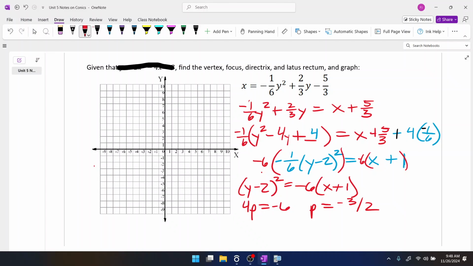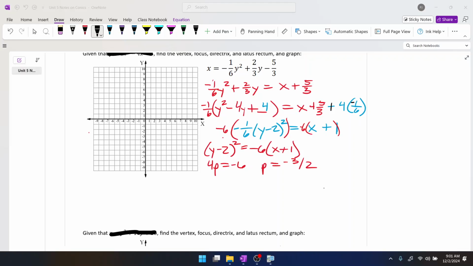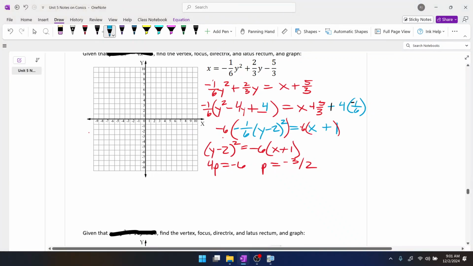So we're going to then move the focus and everything with that and see what happens. But we'll do that when we come back on Monday, because we're out of time. So far we figured out the value of p for this. So here's the thing.